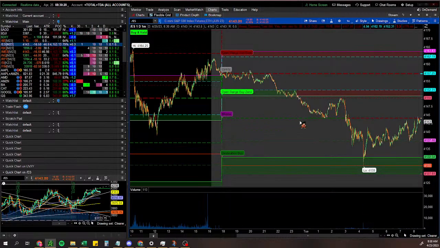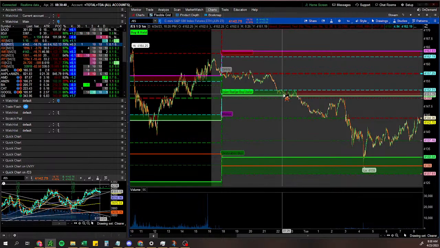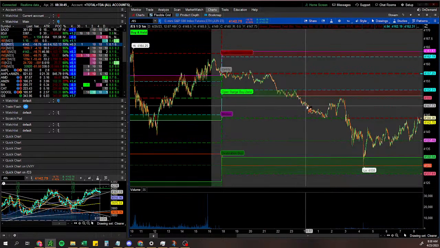As we look at ES overnight, we rejected our open level repeatedly and it stayed resistance. One last test around, what is that, 9:30, something like that. Fell down to our open range buy zone, which was support, and then flipped to resistance.